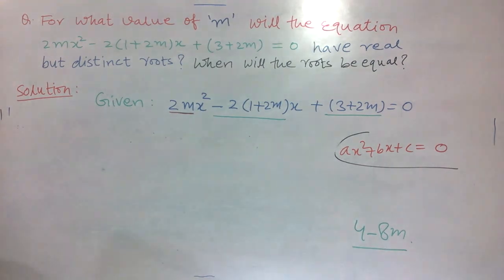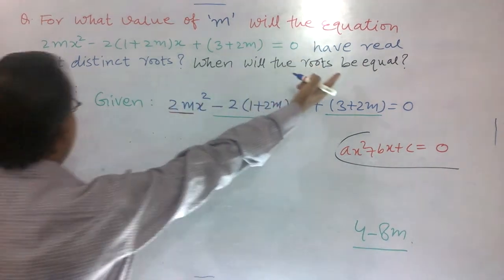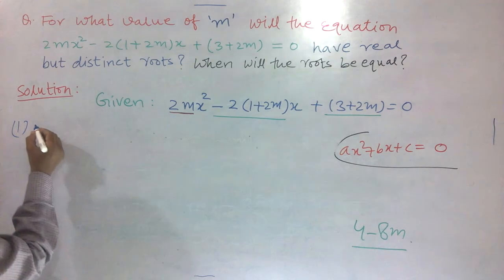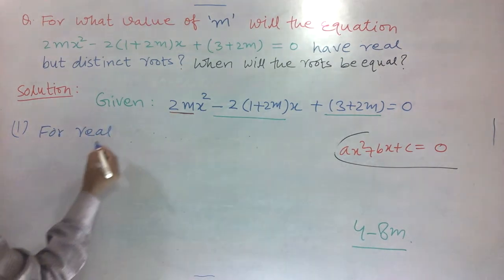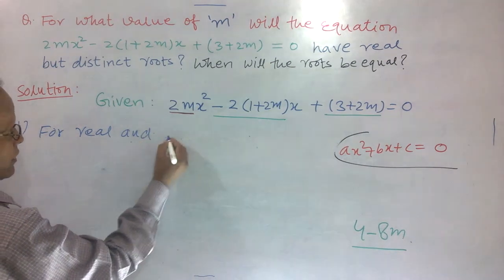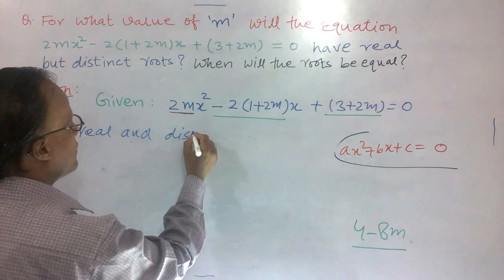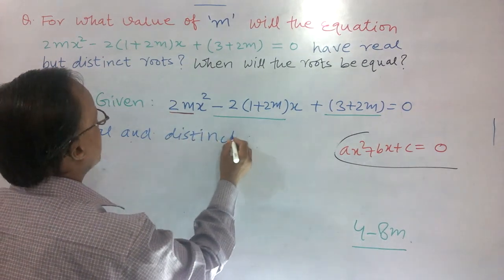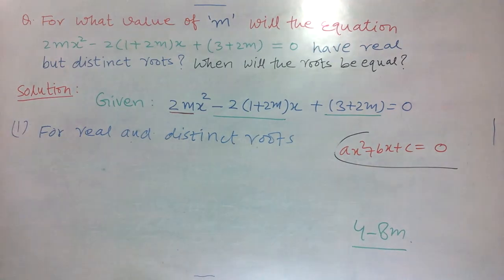So your part number 1. For your first part, real and distinct roots. What is the condition, बच्चों? For real and distinct roots, condition is D must be greater than 0.